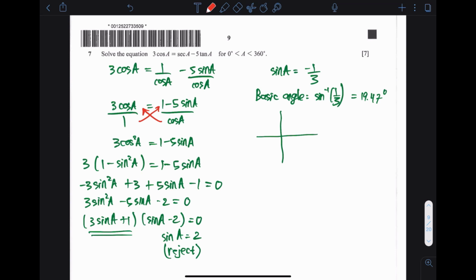Now sine is negative. If you remember the quadrant ASTC, we are looking for sine that is negative, so you need to find a location that does not belong to sine. That is this location here and this location there. Take a look at the angle here and here. This is where the angle of 19.47 is located.